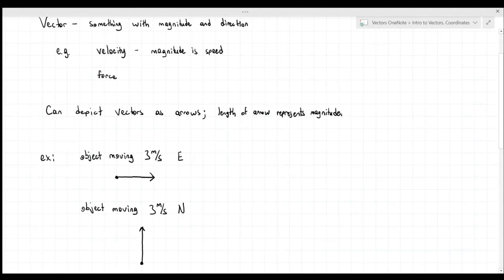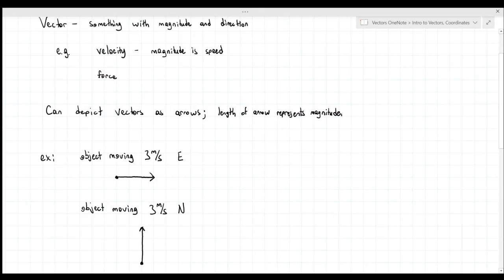Here I've mentioned that we can depict or visualize vectors as arrows. The length of the arrow would represent the magnitude of the vector, and the direction that the vector points in would represent the direction. Looking at the two examples I have here, let's say we're talking about an object which is moving at 3 meters per second east.